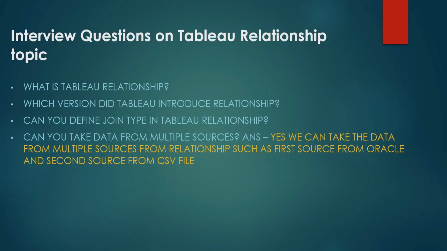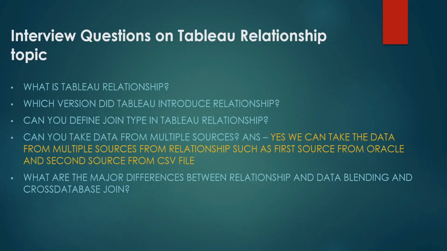So obviously you can establish a relationship between the Oracle database and a CSV file. And then again, the major one is what are the major differences between relationship, data blending, and cross database join. So this is the comprehensive topic that we have covered, that is Tableau relationship.